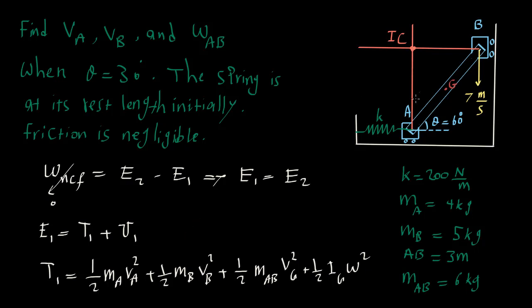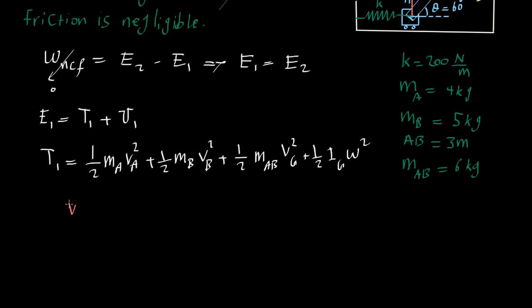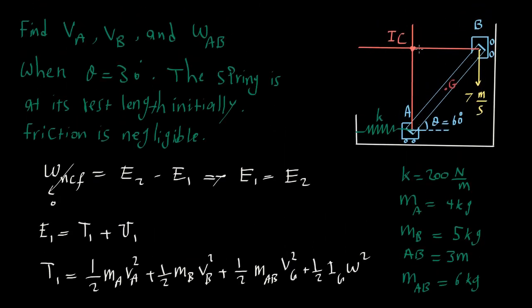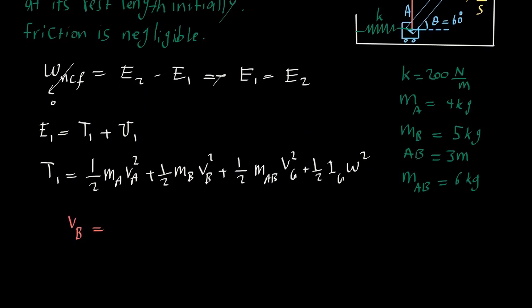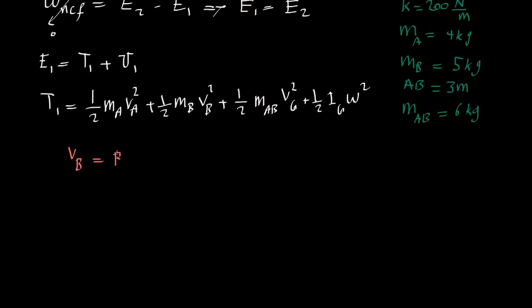And now that we have this, we can write down the velocity of any point on this rigid body based on its distance from this point and the angular velocity of the rigid body. So I can say that V_B, let's call this point, for example, C, the velocity of B would be BC times omega.